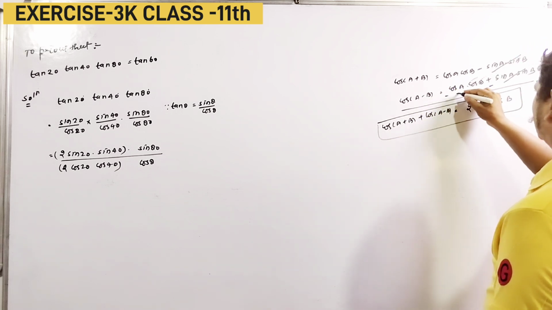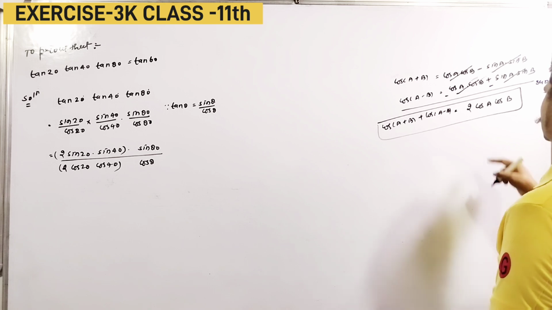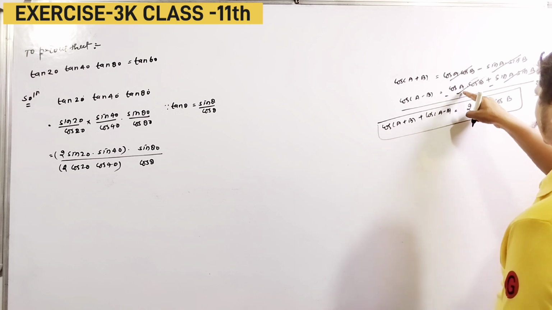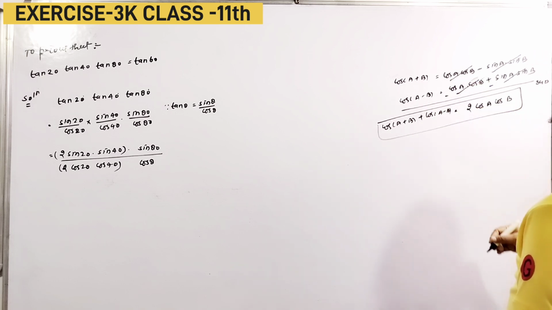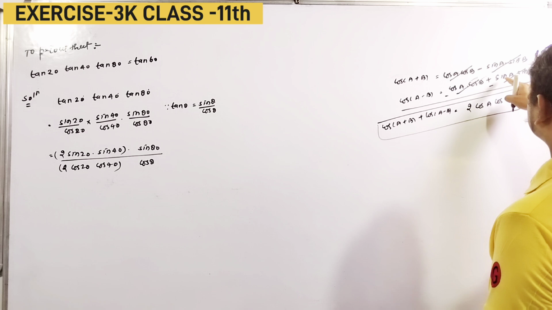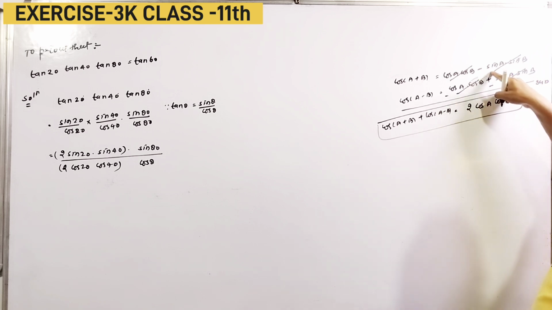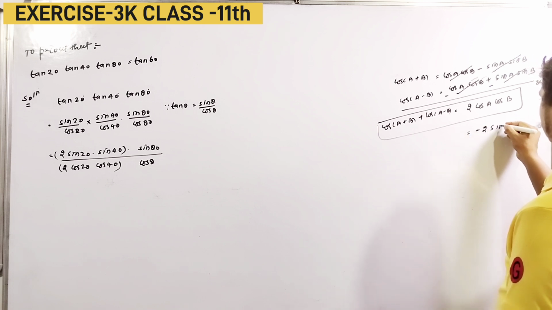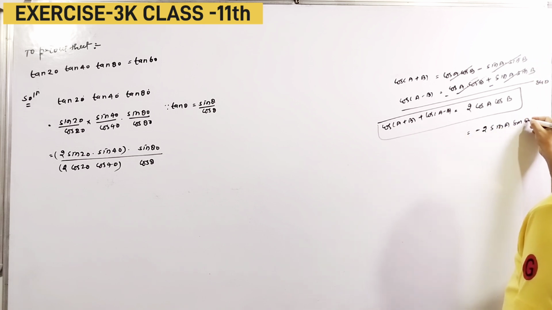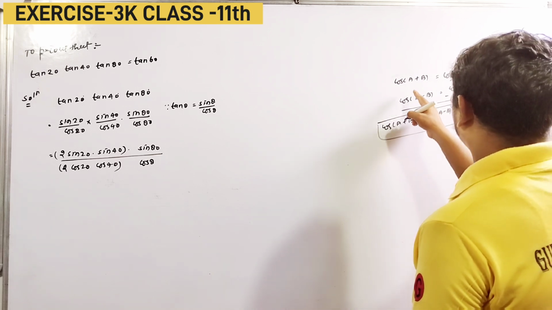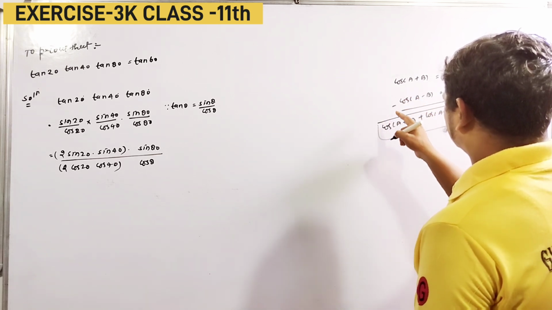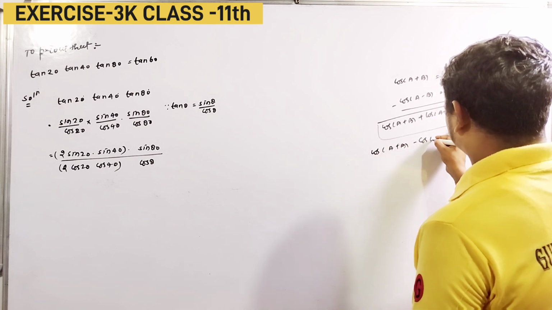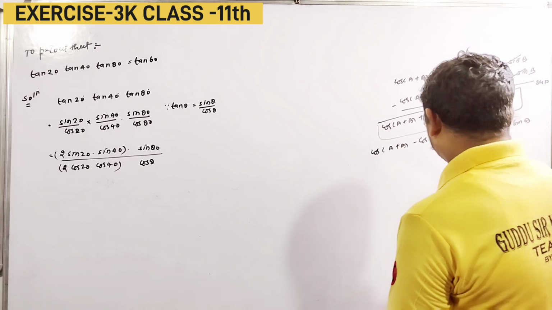So this and this will be cancelled out because these are the same but in opposite sign. That's why cos A cos B and here also cos A cos B will be cancelled out to each other. And what is left is minus sine A sine B, and here also minus sine A sine B. When you add, this becomes minus 2 sine A and sine B, clear? Here also you will change the negative signs. So this will be cos A plus B, and here cos A minus B, clear? In this way you will write here.